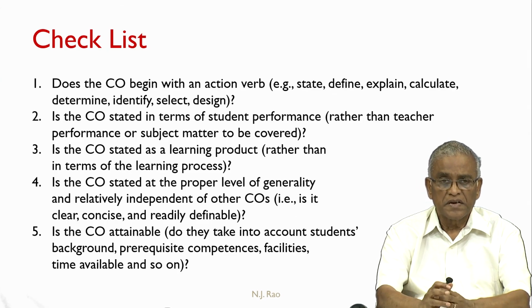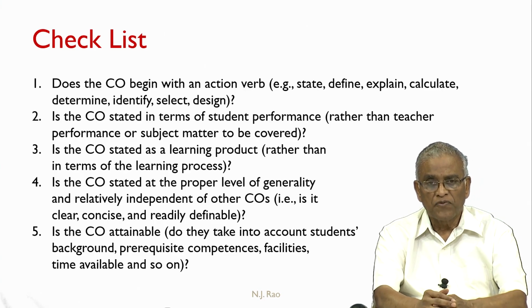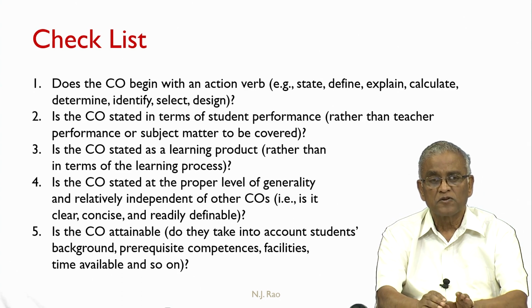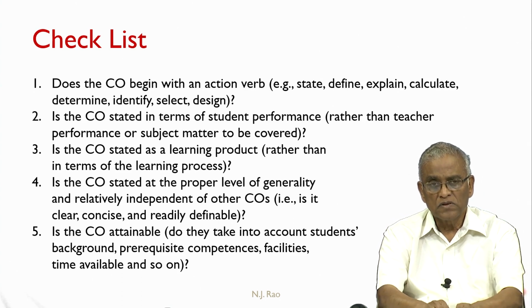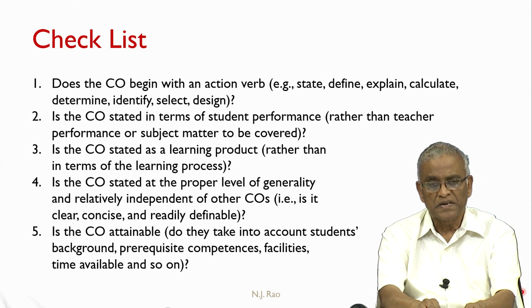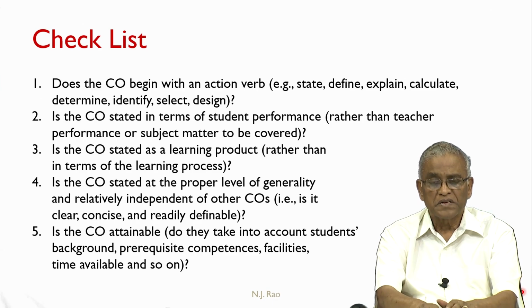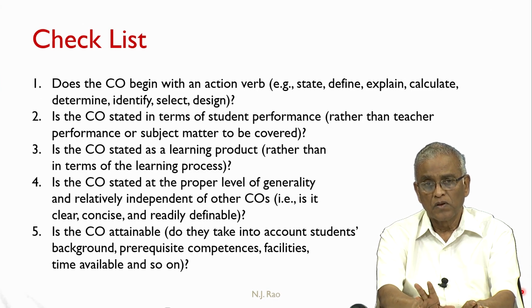Is the CO stated in terms of student performance rather than the teacher performance or subject matter to be covered? So CO should not merely list the topics that need to be covered, nor what the teacher wants to do. It should be strictly in terms of the student performance.